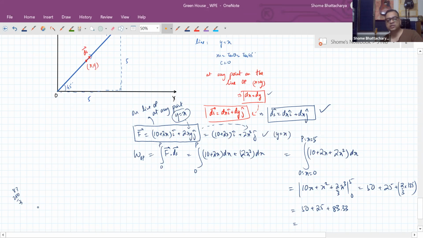So the work done is going to be 75 plus 83.33. So that is 158.33 joules. That is the work done in the direct path OP, or basically the work done for path 2.